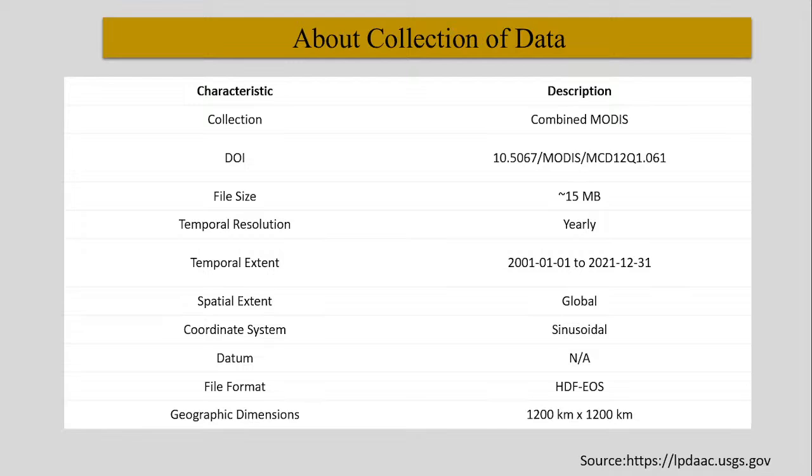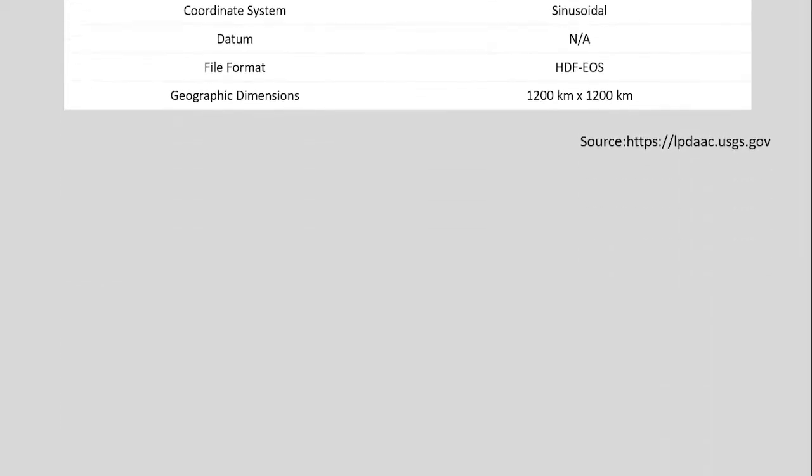You guys can imagine, you can get data from 2001 to 2021. The projection system or coordinate system is sinusoidal, it is covered globally, and the geographic dimension is 1200 kilometers by 1200 kilometers. About granular details, whether you know them or not, is not required.